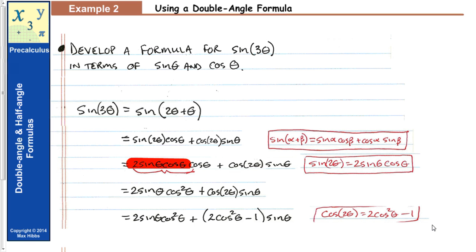It just says all of our arguments need to be theta only, not 2 theta or 3 theta. So I chose the identity for cosine 2 theta to be 2 cosine squared theta minus 1. I could have chosen either of the other two. I've replaced cosine of 2 theta with 2 cosine squared theta minus 1.